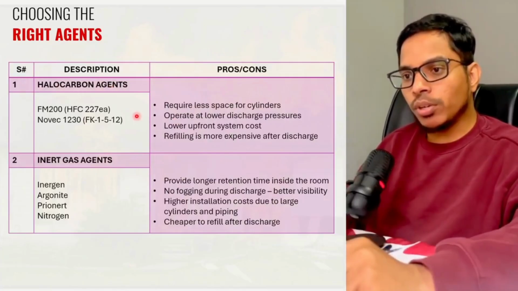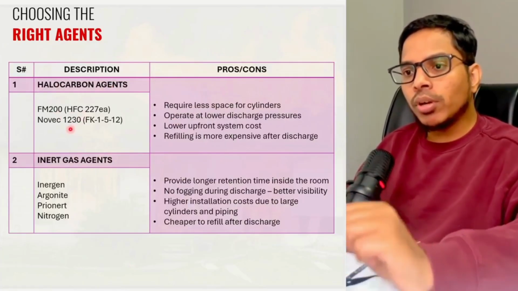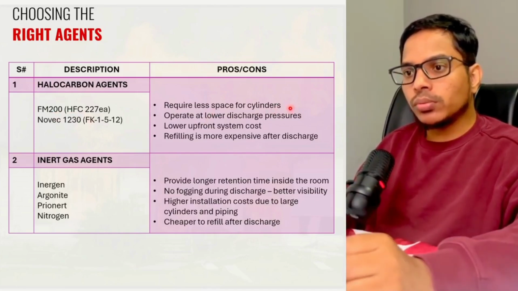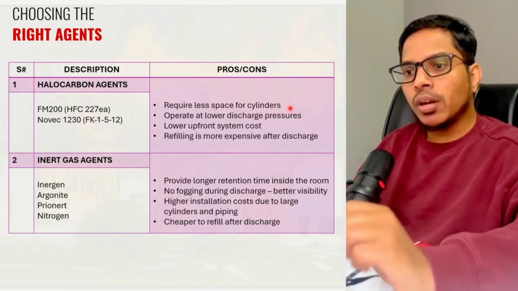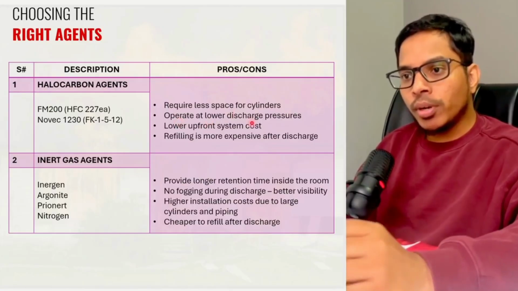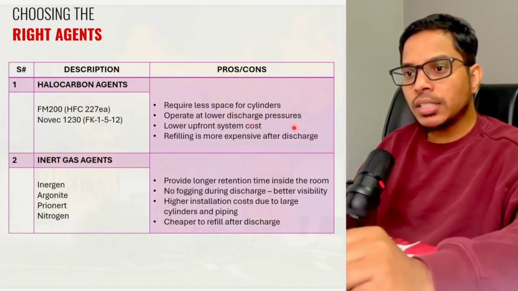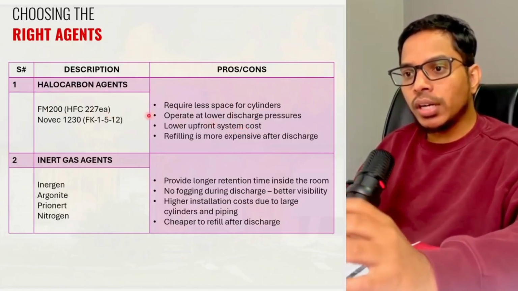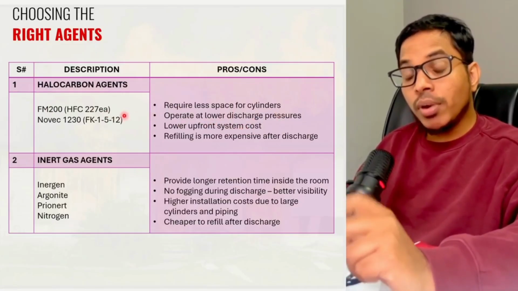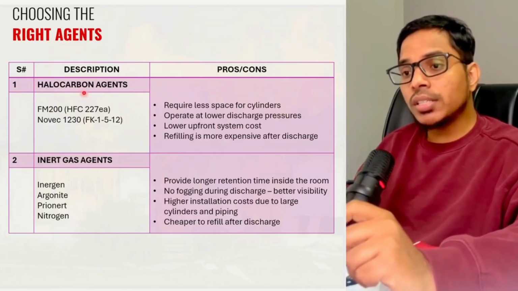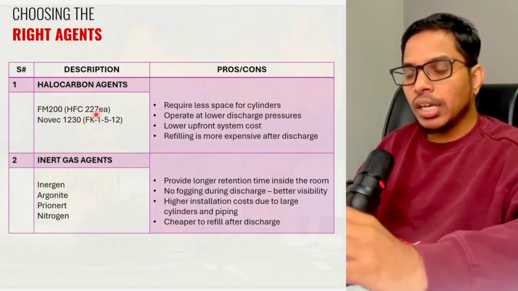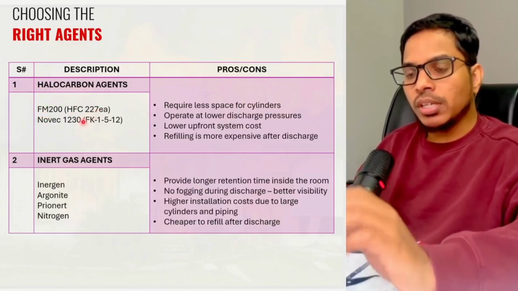If you look at this particular slide, FM200 and Novec require less space in order to accommodate in a particular room, the operating cost at the initial stage will be very low, and they have lower discharge pressures. But the disadvantage is that refilling is more expensive after the clean agent is discharged from the cylinders.